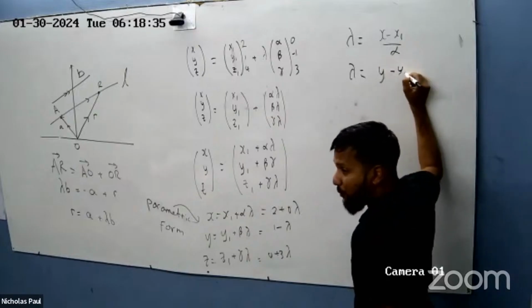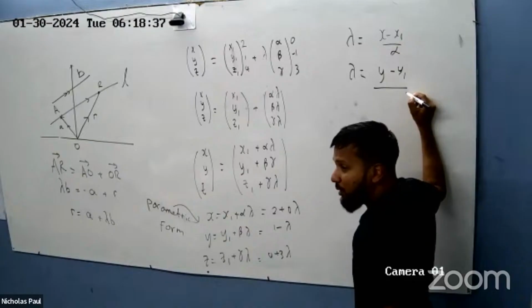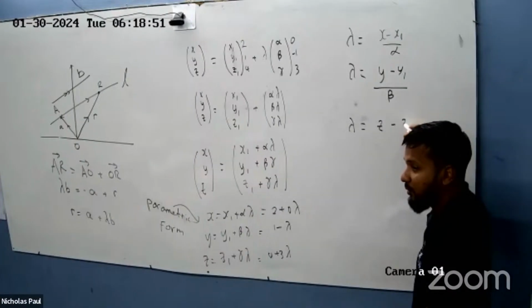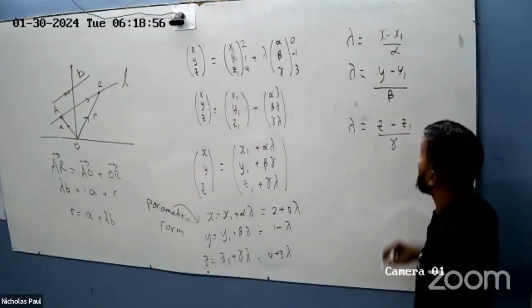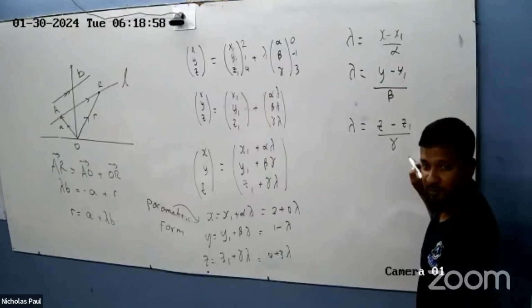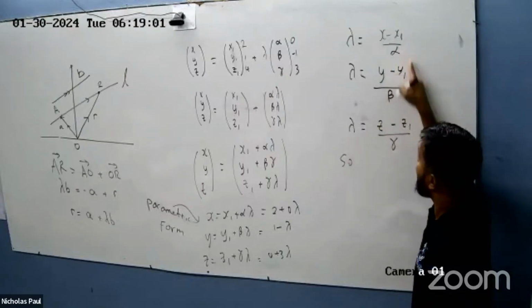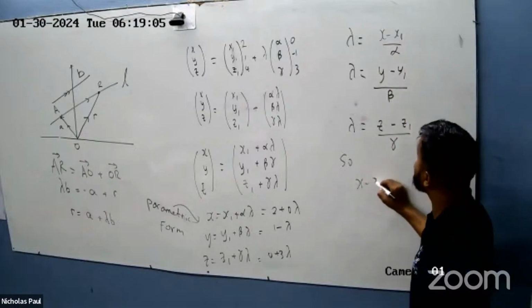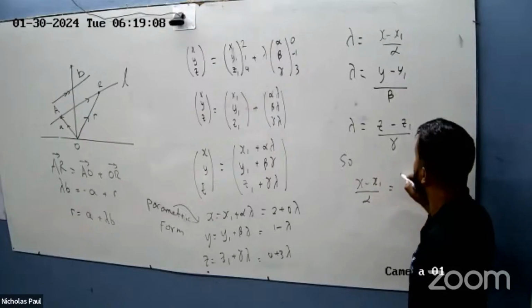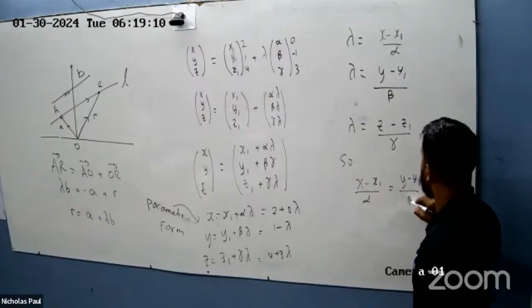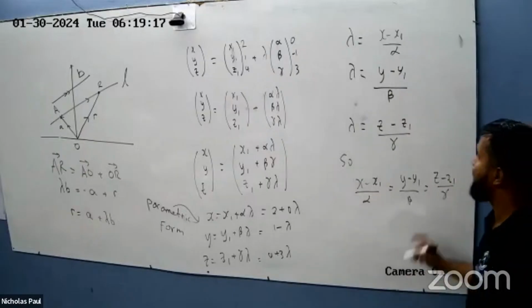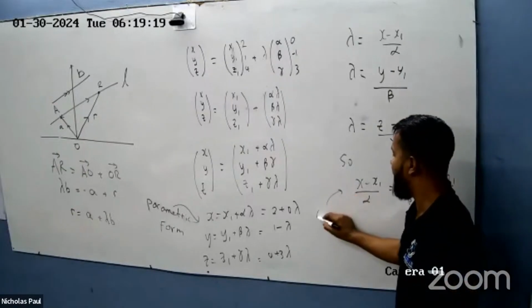Y minus Y1 over beta. So now that we know what lambda is, we can equate them, and they're all equal to lambda. So we will get X minus X1 over alpha, Y minus Y1 over beta, is equal to Z minus Z1 over gamma. This here is your Cartesian form.